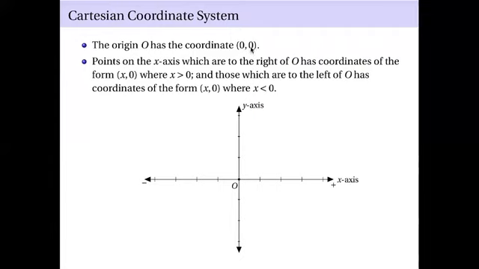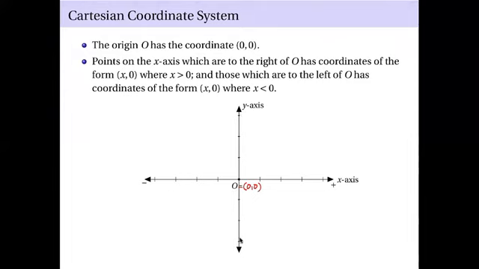So the origin here is labeled as 0, 0. The 0, 0 gives the location of that origin relative to your x-axis and y-axis.